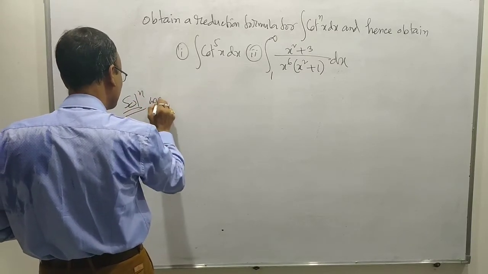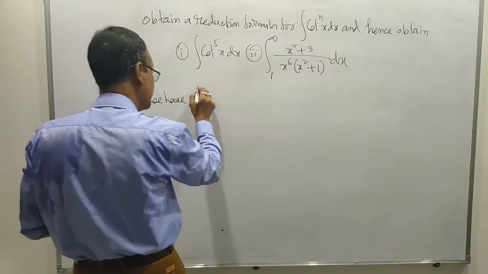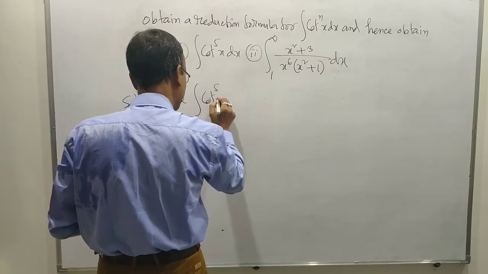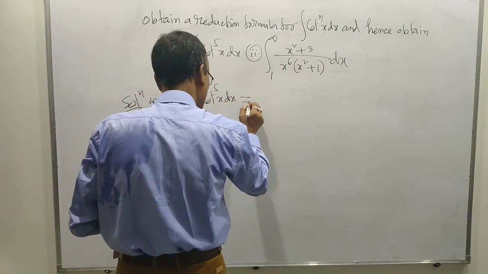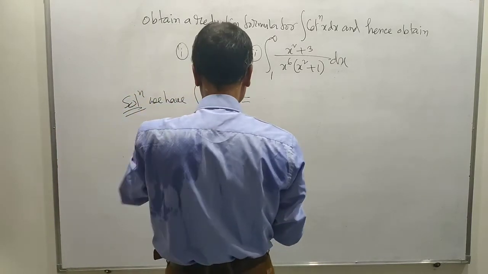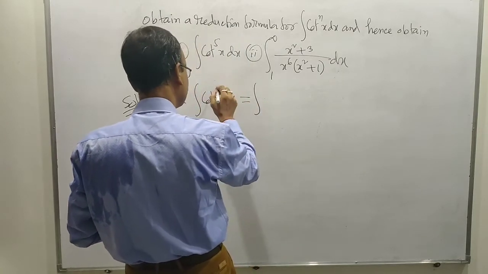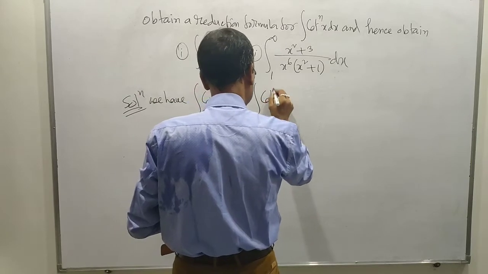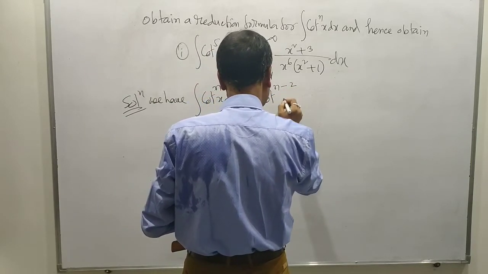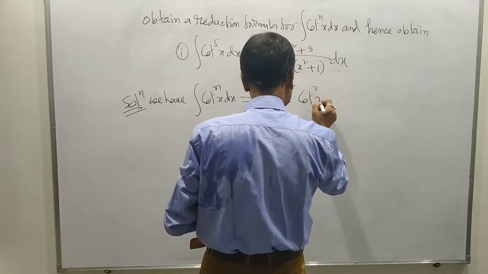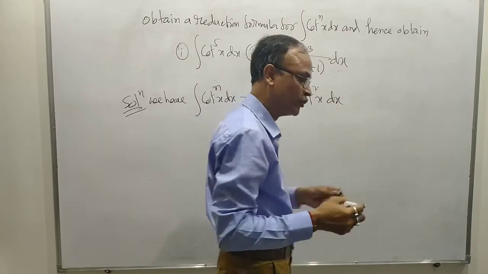We have integration cot to the power n x dx, which will be equal to cot to the power n minus 2 x into cot square x. You may write like this.